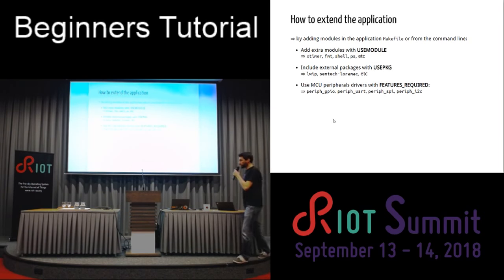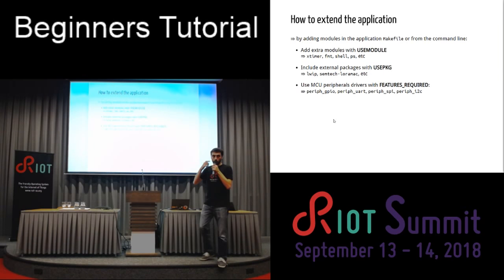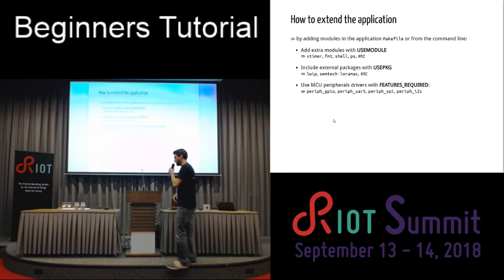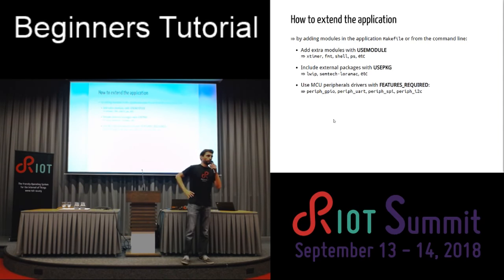You can extend your application in different ways by adding other variables in your makefile. So you can use extra modules with a USEMODULE variable. xtimer is an extra timer which is built on top of hardware timers, but with a lot of features. The fmt module allows you to format strings, because we all know that formatting strings in C is hell.